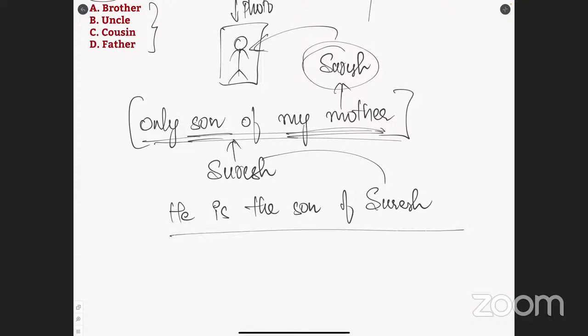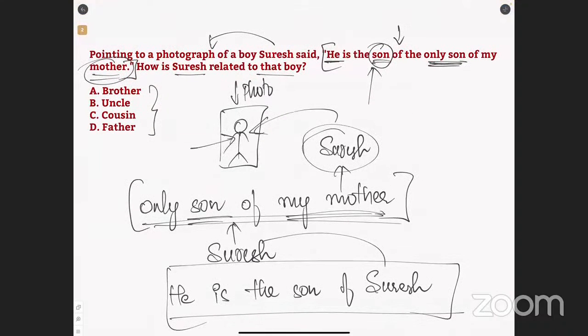Now, the son of Suresh is the person who is in the photograph here. If that is the son, what is the relationship between Suresh and that boy? Very simple. Suresh is nothing but the father of that particular person who is there in the photograph. That's it. I hope it was clear. If you have any doubts, please do ask before we proceed to the next question.